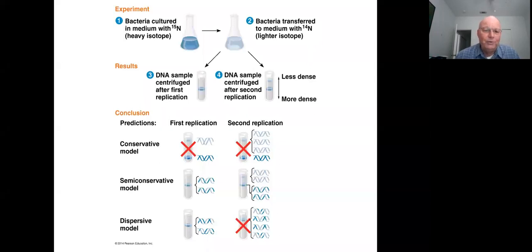But because of the way they got that information, Franklin was so ticked off with the way she was being treated that shortly after the papers were published, she actually left King's College and went to work for the British Coal Board. And unfortunately, a few years later, passed away from ovarian cancer.